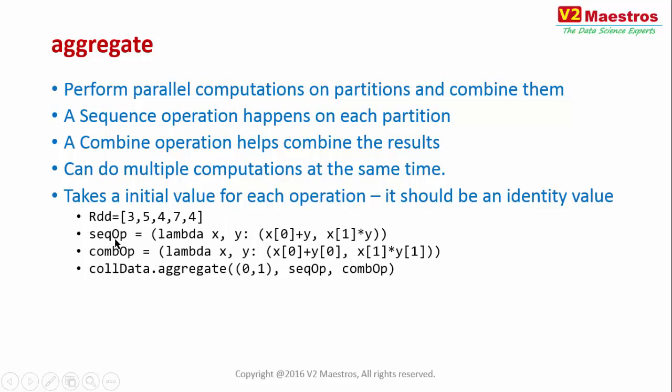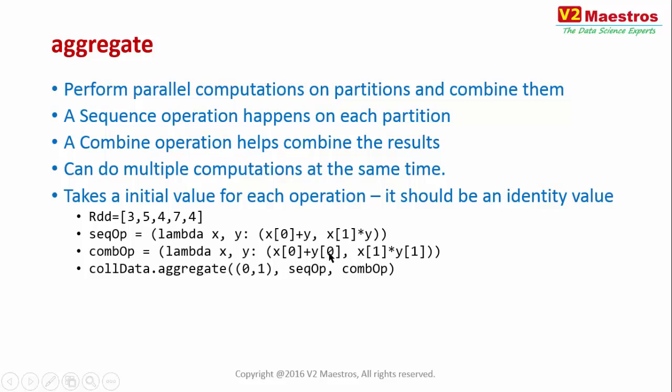Now once the sequence operation is completed in each of the partitions, you will have multiple such sets, and then the combine operation will take each of these already accumulated data per partition and combine them totally. In this case, it works exactly like your reduce operation.